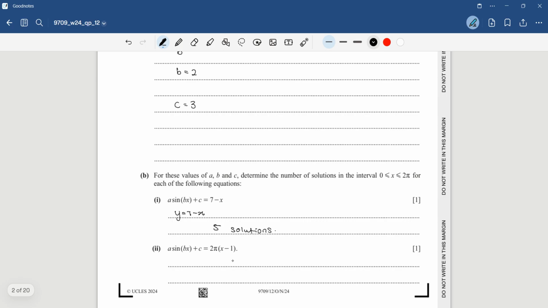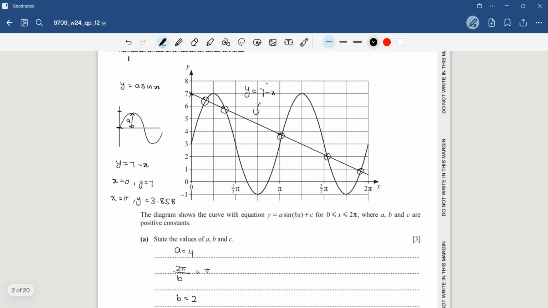Similarly, for this, we can make it y. So y equal to 2 pi x minus 1. We try to sketch this graph. Maybe we put x equivalent to 1, and then your y equivalent to 0.